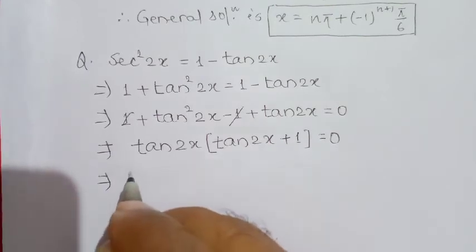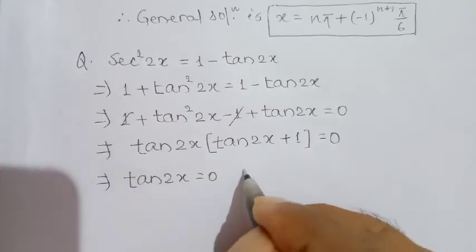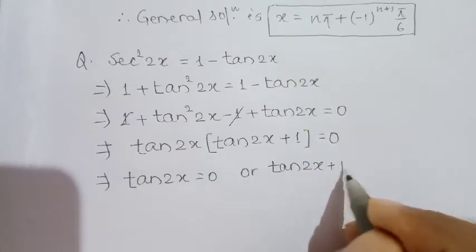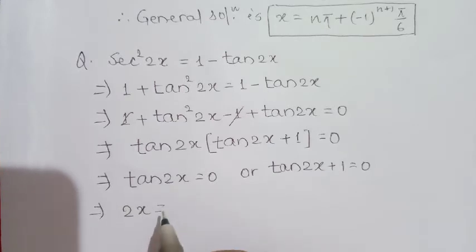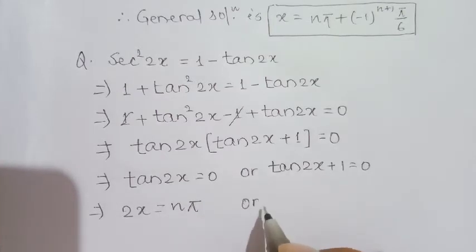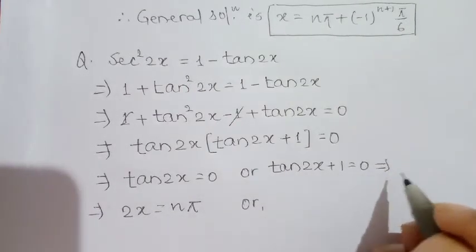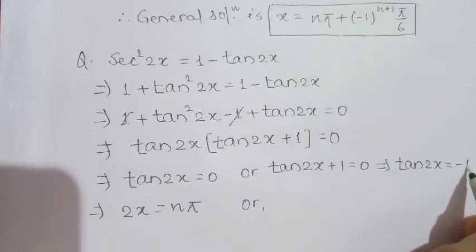So either tan 2x is equal to 0 or tan 2x plus 1 equal to 0. So when tan 2x is equal to 0, it means 2x is equal to n pi, its general solution. And here we may write tan 2x should equal minus 1.